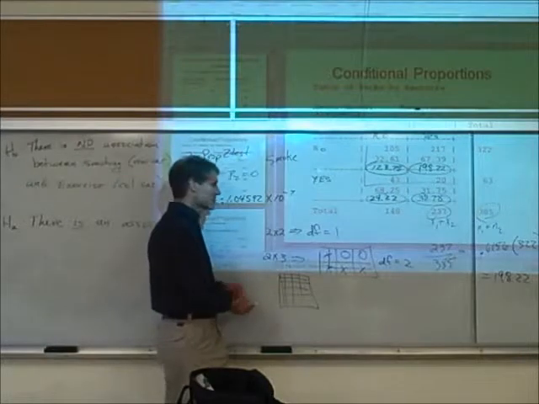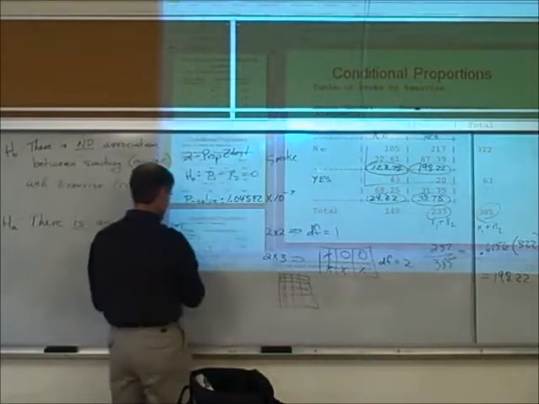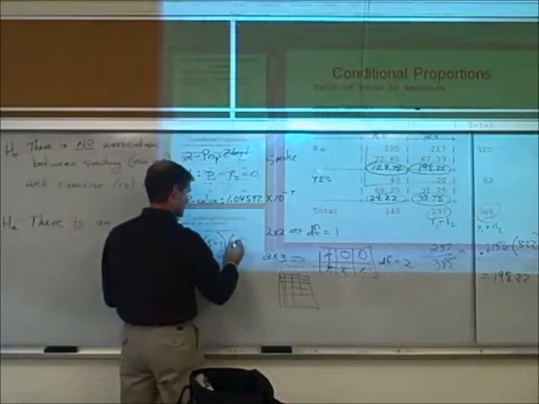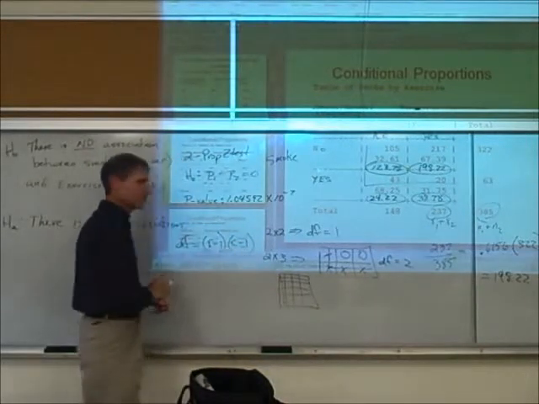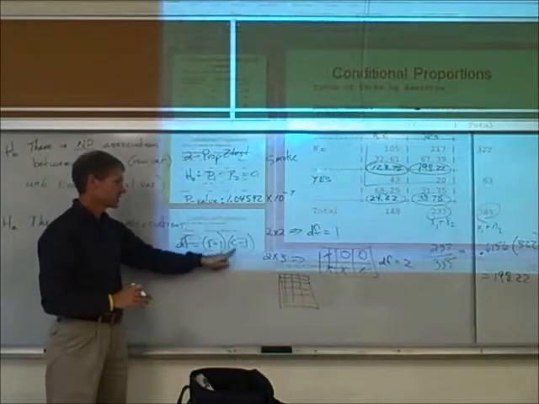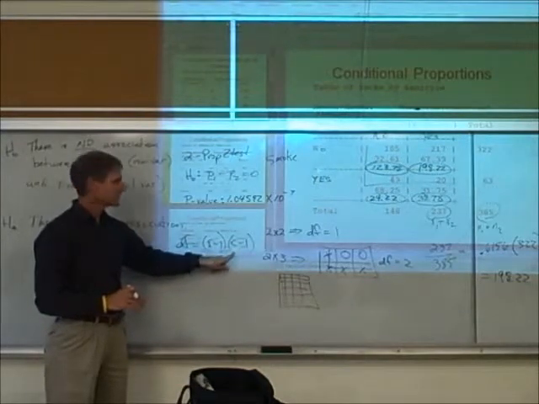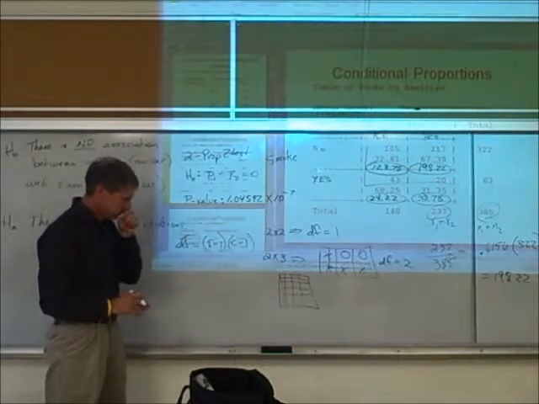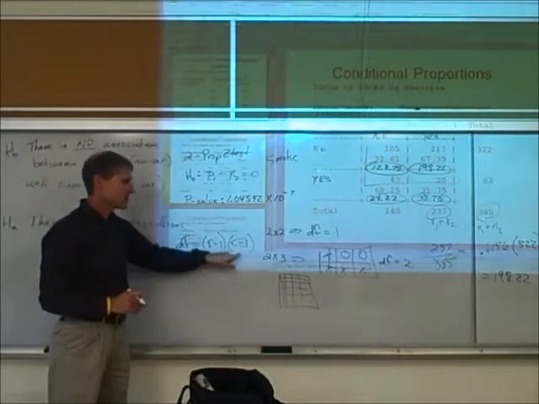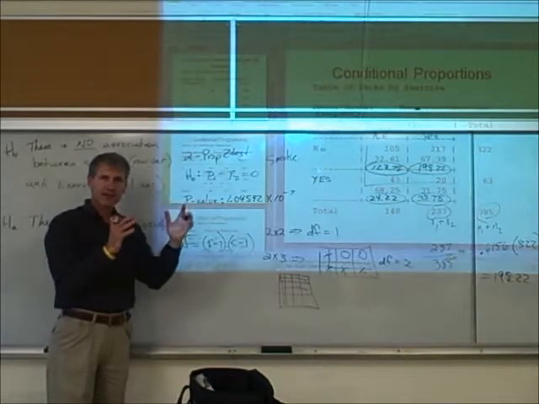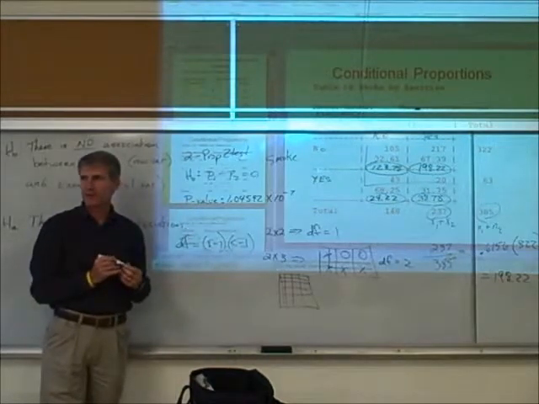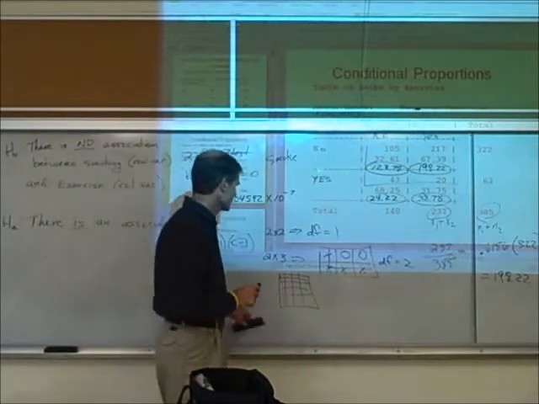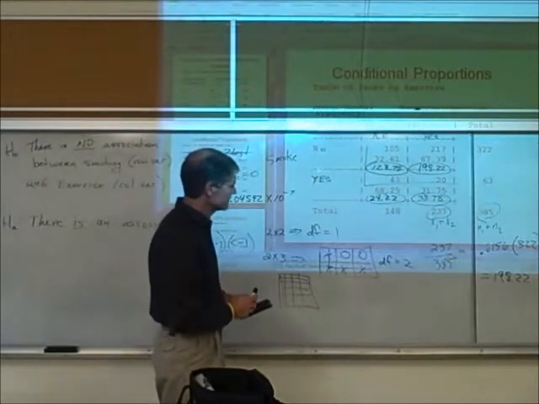So it's this: degrees of freedom are equal to the number of rows minus 1 times the number of columns minus 1. R minus 1 times C minus 1. Take out 1 row, take out 1 column, and multiply the size of the rectangle that's left, and you get your degrees of freedom. So that's degrees of freedom.